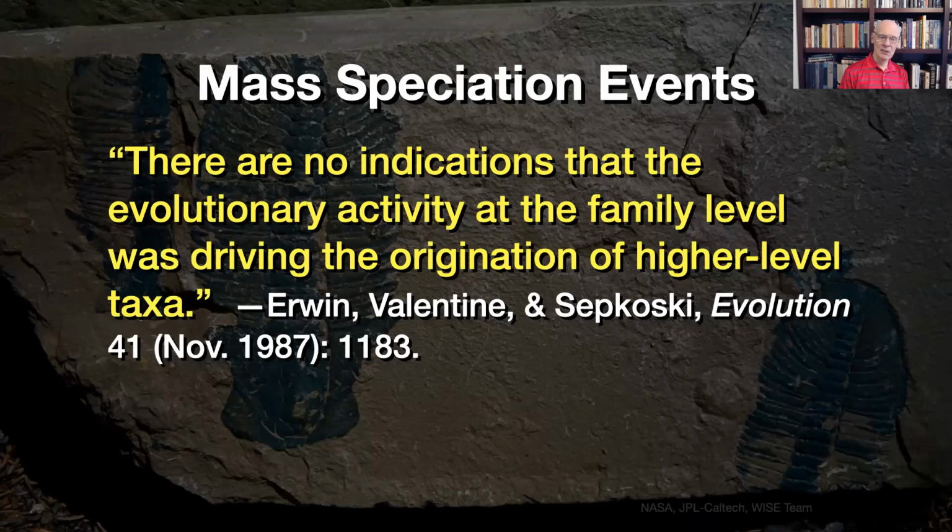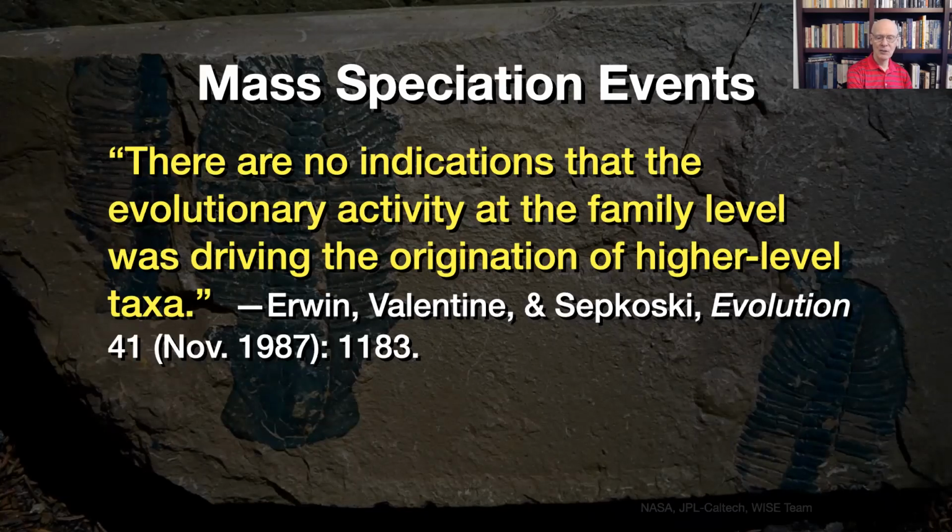And the point there is that a fundamental assumption behind every naturalistic model to explain the history of life on planet Earth is that changes at the species level generate the changes at the genus level, which generate changes at the family, the order, the class, all the way up to the phylum. But they made this comment way back in 1987: that's not the way it looks when we see these mass speciation events.